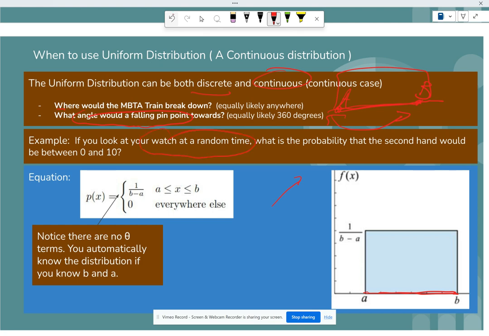What is the probability that the second hand will be between 0 and 10? So over here, if you look at your watch, it's equally likely that the second is going to be any time between 0 and 60. So then once you have that distribution, you can then calculate the probability.